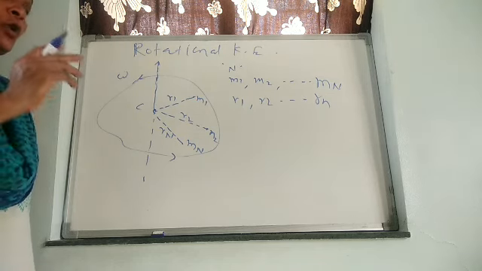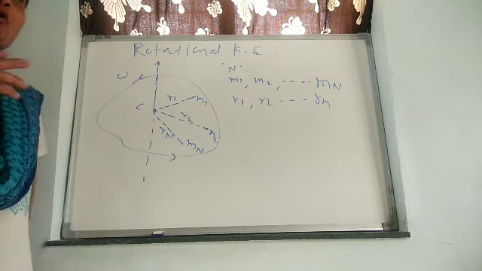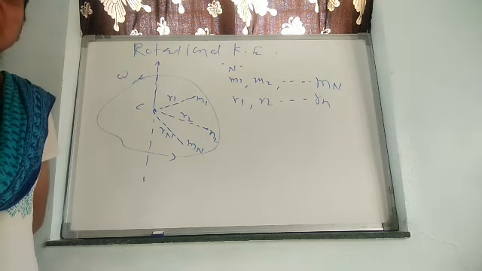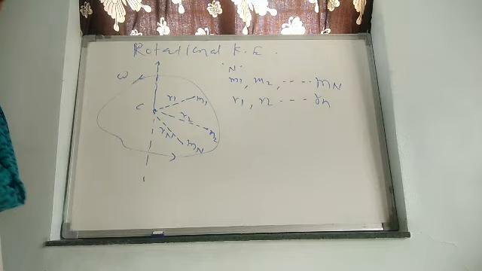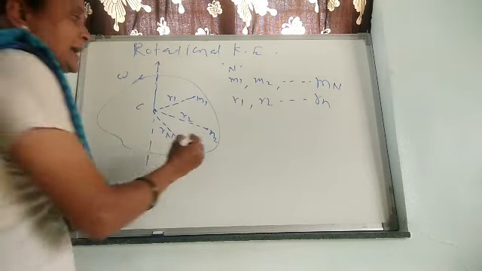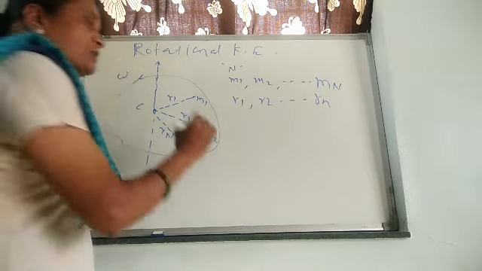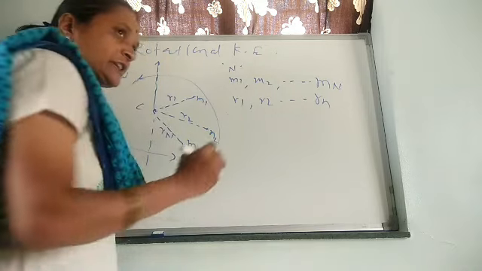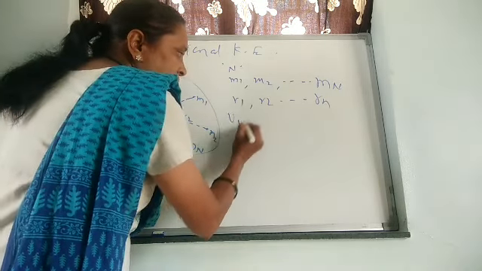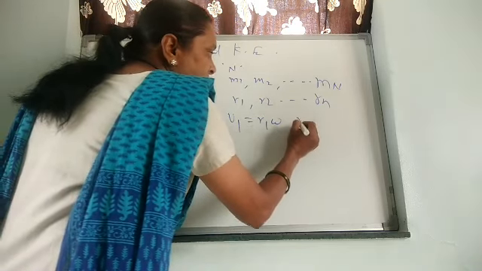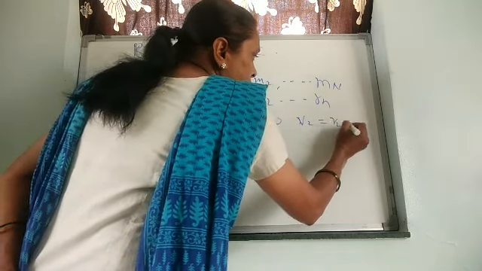Though the body moves with constant angular velocity omega, the linear velocities of all the particles are different. The expression for linear velocity is radius into angular velocity. Therefore, v1 is equal to r1 omega, v2 is equal to r2 omega.